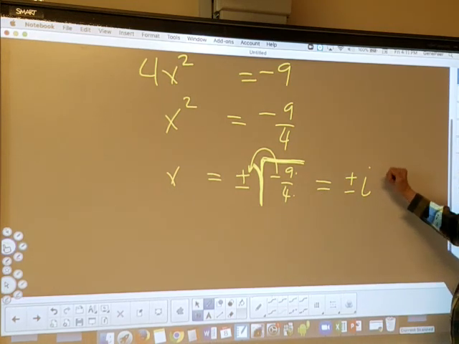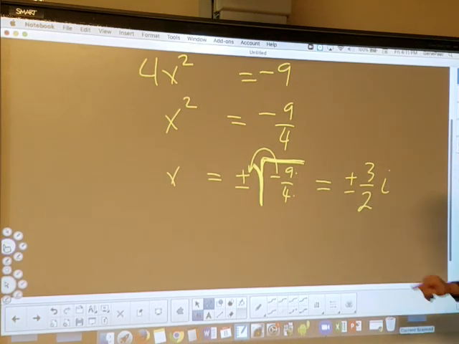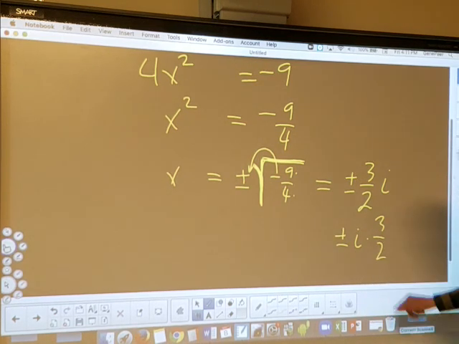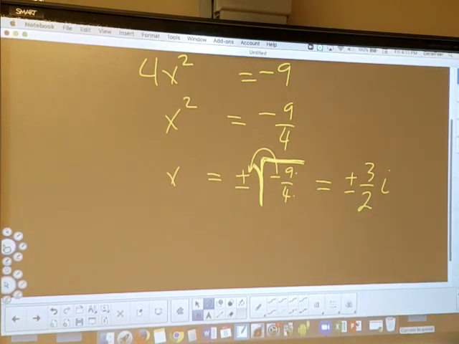That's kind of awkward. We would normally put plus or minus 3/2 and put the i last. We treat it like it's a variable. Variables always go on the end, so we write it that way, not the other way around. Remember, i is not a variable, but we kind of treat it like one. It would be really awkward to say plus or minus i times 3/2. That's just plain ugly. This is much higher class.